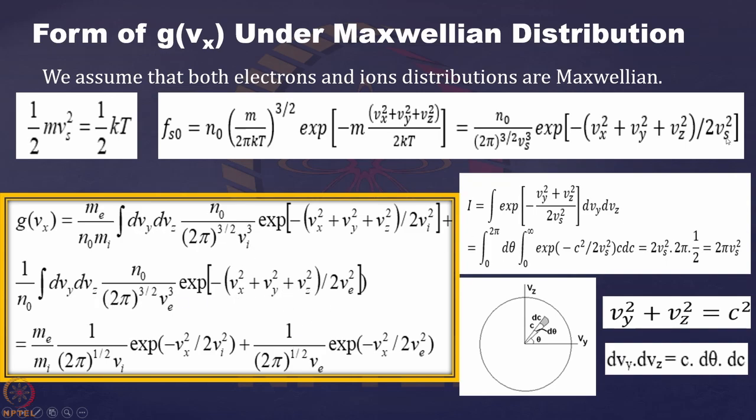This vs is for the species, and there will be one vs for the electrons and one vs for the ions. So I have just written it over here in terms of the ion thermal speed and the electron thermal speed. Now you must already be thinking that the thermal speed of the ions is much less compared to the same for the electrons. That is quite true, and we will be using this approximation also later.